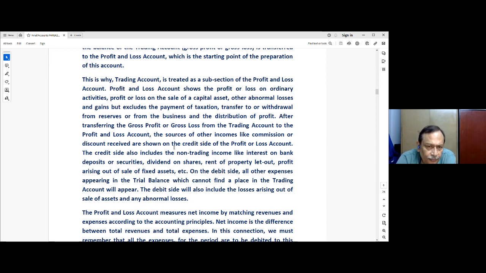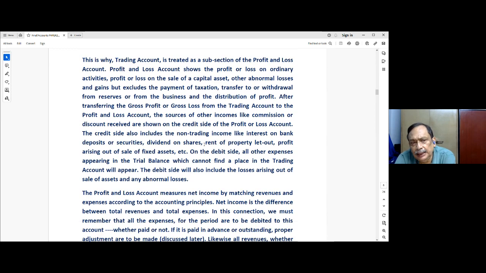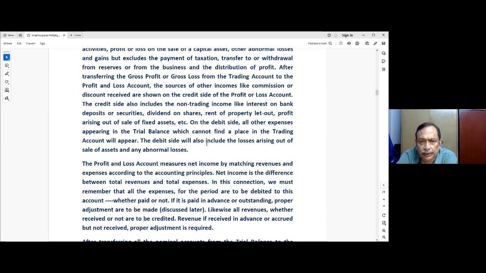The credit side also includes non-trading income like interest on bank deposit or securities, dividend on shares, rent of property let out, profit arising out of sale of fixed assets, etc. On the debit side, all expenses appearing in the trial balance which cannot find a place in the trading account will appear. The debit side will also include the losses arising out of sale of assets and any abnormal losses.